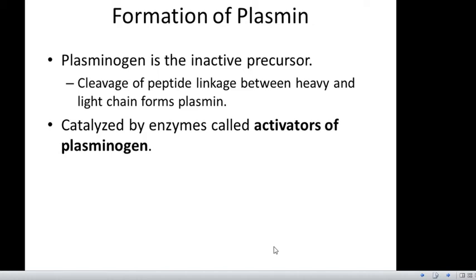The conversion of plasminogen to plasmin involves cleavage of the peptide linkage between these chains. However, one disulfide bridge keeps the two polypeptide components bound to each other, forming plasmin. This reaction is catalyzed by enzymes called activators of plasminogen.